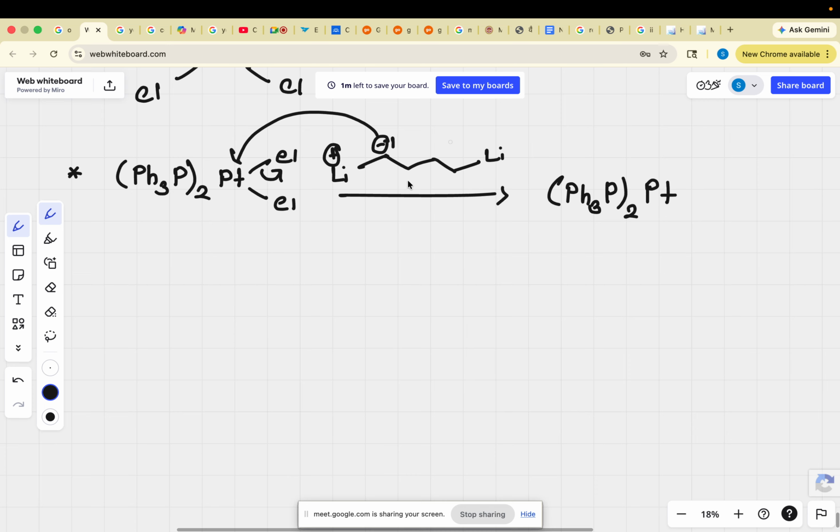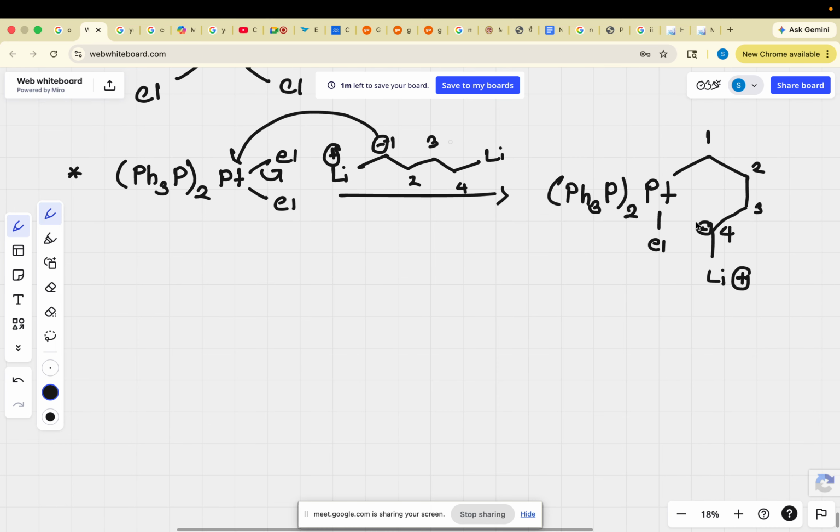Now see 1, 2, 3, 4. This is attaching with your number 1 carbon. So 1, 2, 3, then 4. Again lithium is positively charged and this fourth carbon is negatively charged.